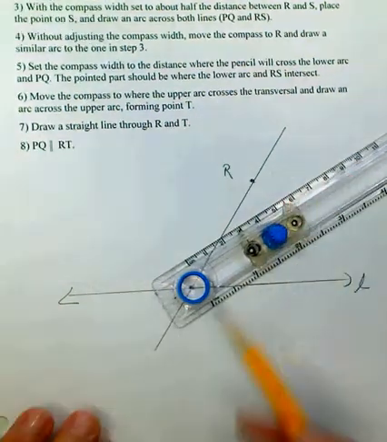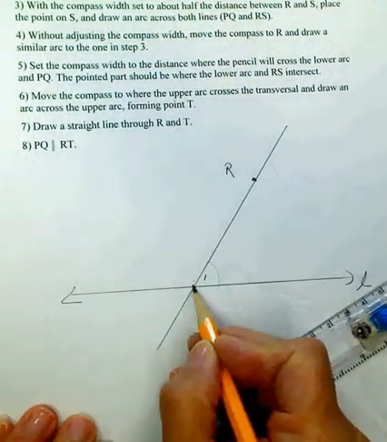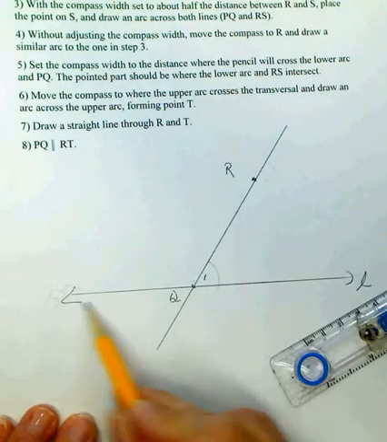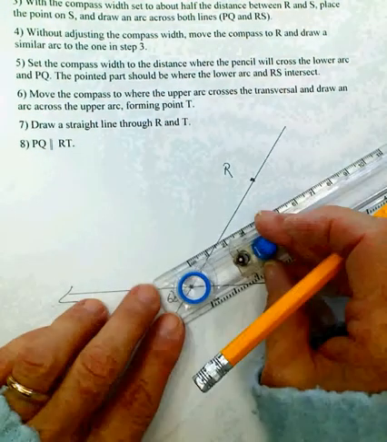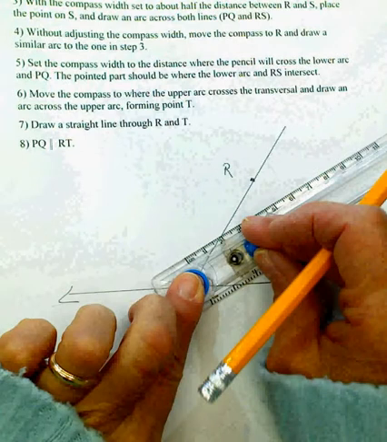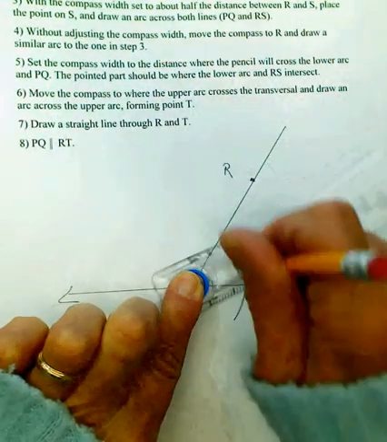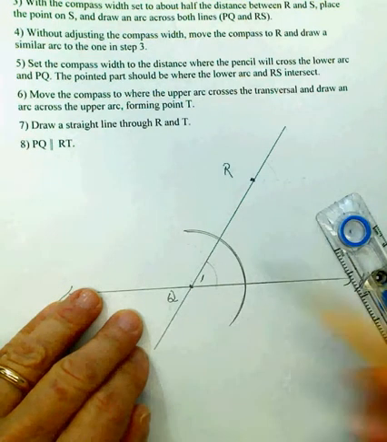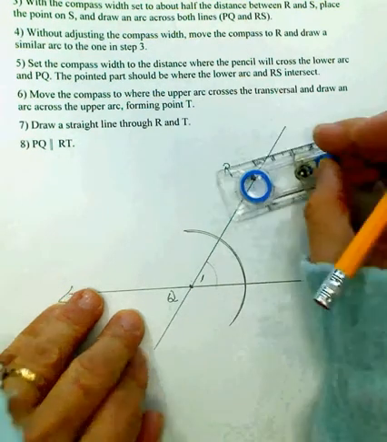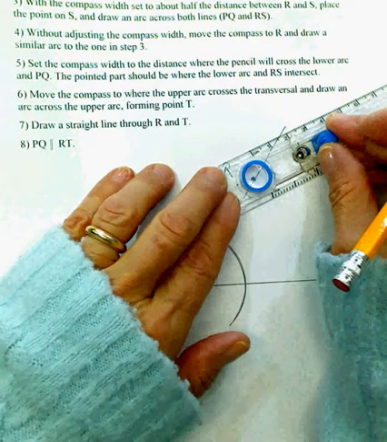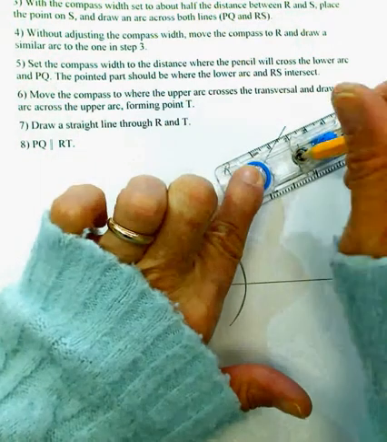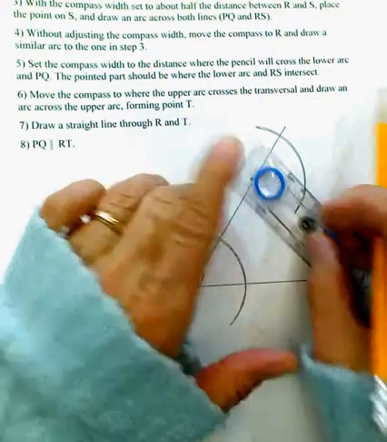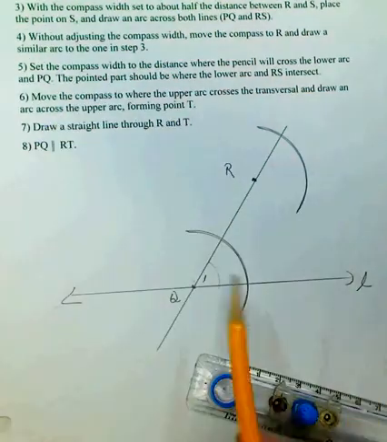We're going to place the trimen right here. We'll call this point Q, where our transversal intersects line L. And we're going to make an arc going through both sides of that angle 1. And keeping our measurement the same as it was there, we're going to make an arc up here where we want to make our clone, our copy of our angle.